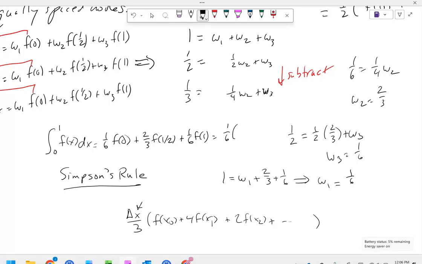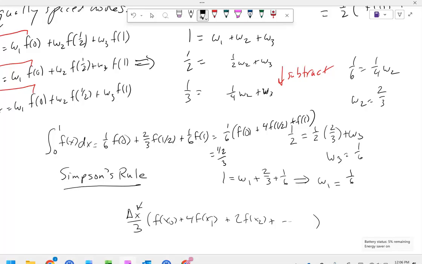I'd have f of 0 plus 4 f of 1/2 and an f of 1. Pulling out a 1/6, that's what I'm left with. That would be 1/2 over 3. That looks like your delta x over 3, doesn't it?